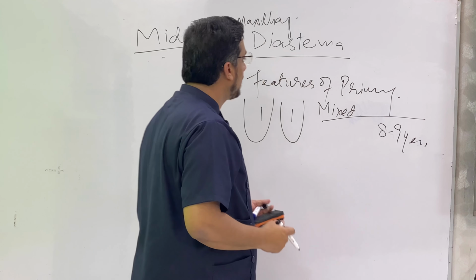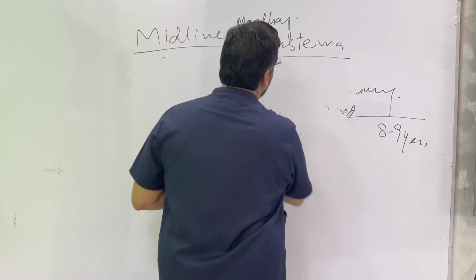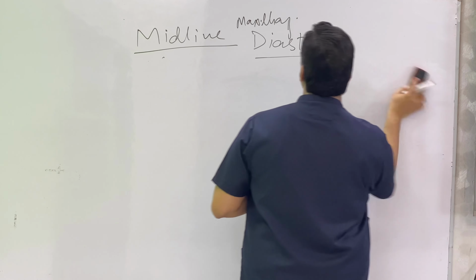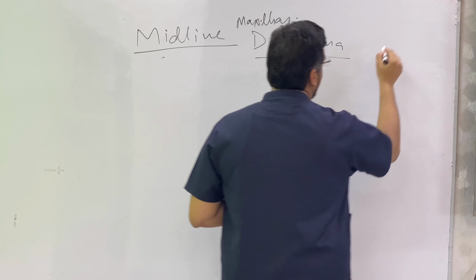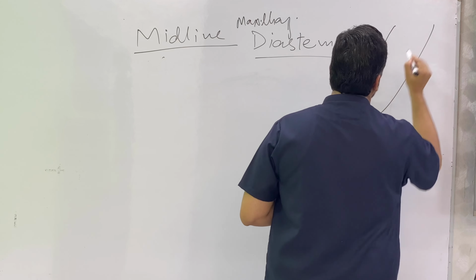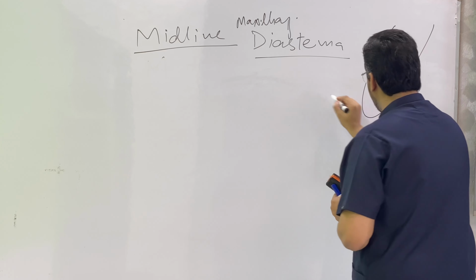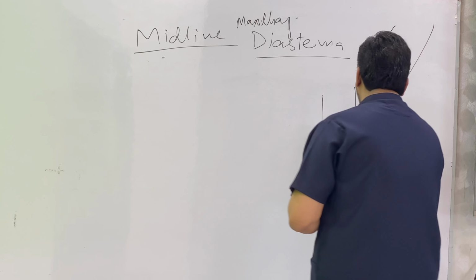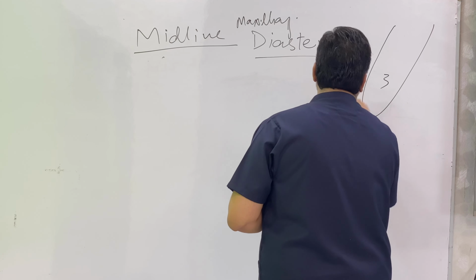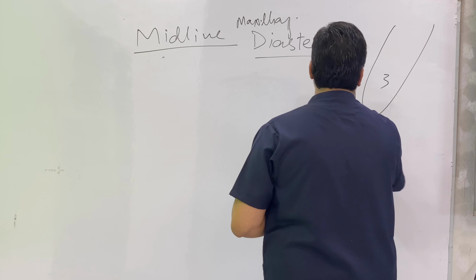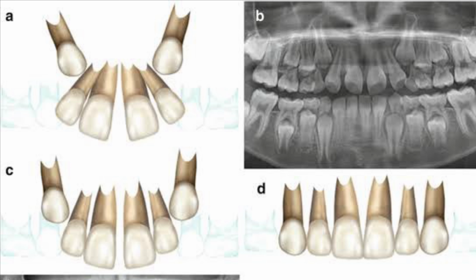What actually happens when the canine teeth erupt? When the canine erupts, it erupts in a mesial direction. So it starts pushing the root of the lateral incisors like this, and this lateral incisor pushes on the central incisors. This is 1, this is 2, this is 3.